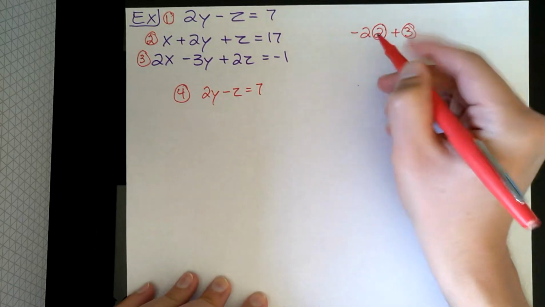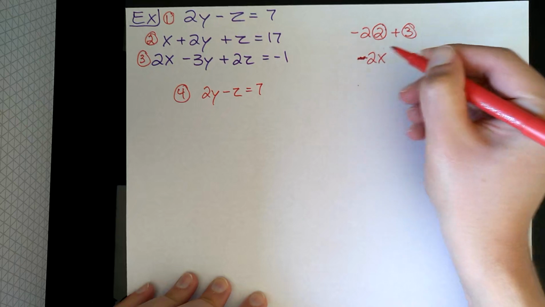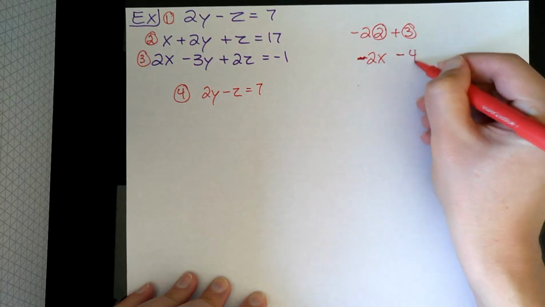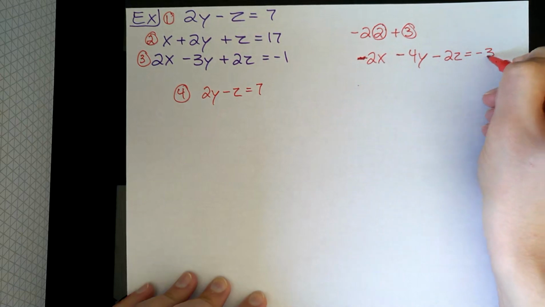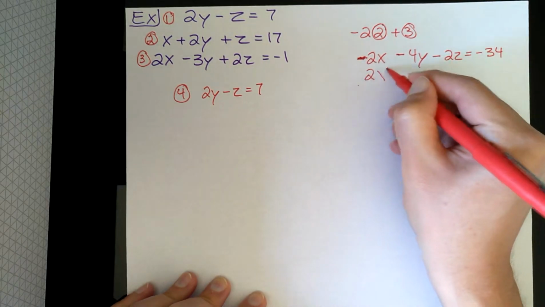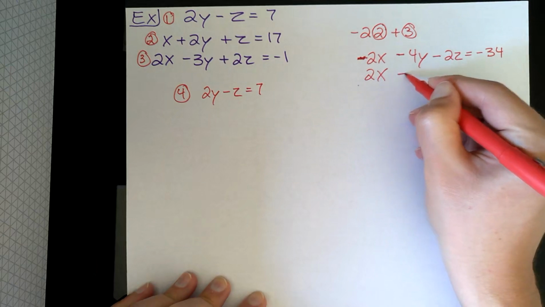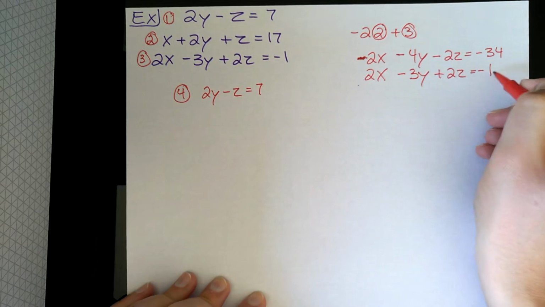Multiplying equation 2 by -2, we get -2x minus 4y minus 2z equals -34. And now we just copy down equation 3, 2x minus 3y plus 2z equals -1.